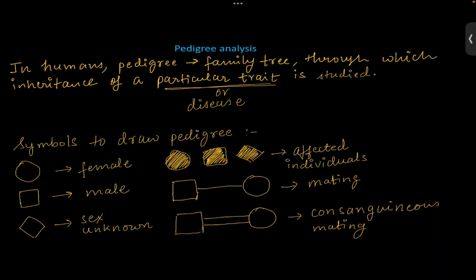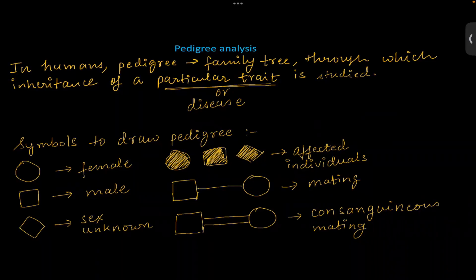Now, in humans, in order to study whether a mutation has been inherited and how it has been inherited, we cannot do a test cross. We cannot force two people to meet, and it will also take years to understand. So it is unethical to do it. It was easy for Mendel to do it for pea plants, but for humans, we cannot.